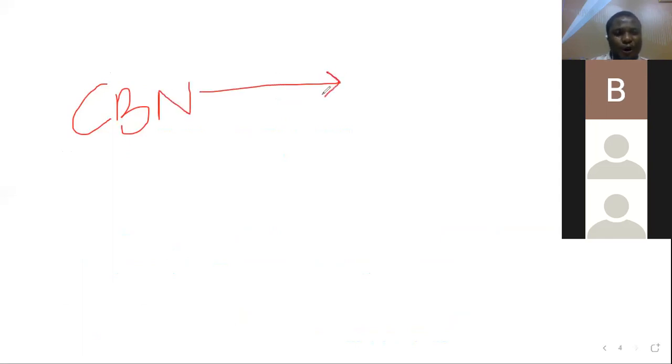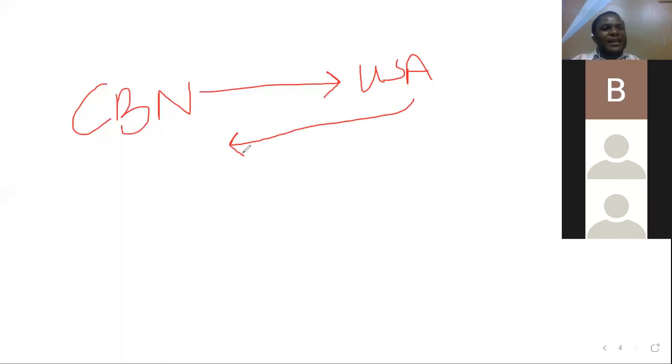CBN sells crude oil to, let's assume, USA. Remember, it's not only USA, we have many other economies. When CBN sells crude oil to USA, USA will pay them. Ideally, USA is supposed to pay them in Naira because CBN's jurisdiction is Naira. That's our currency. We pride in our currency.